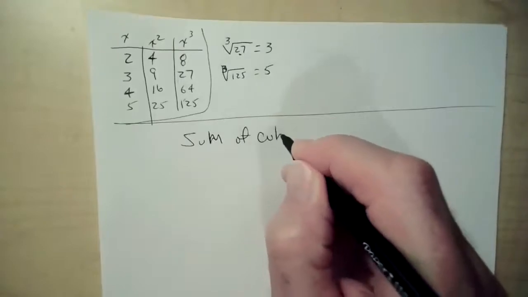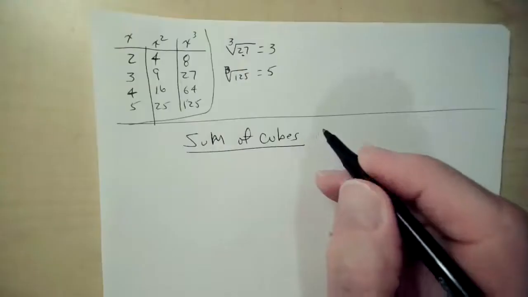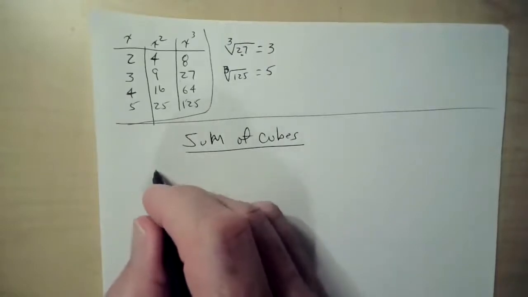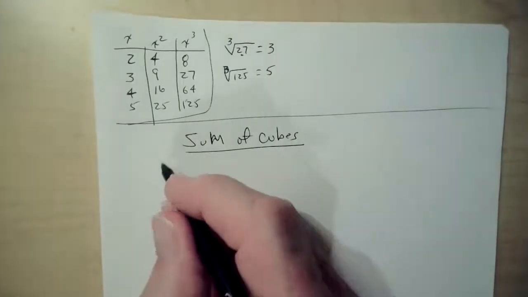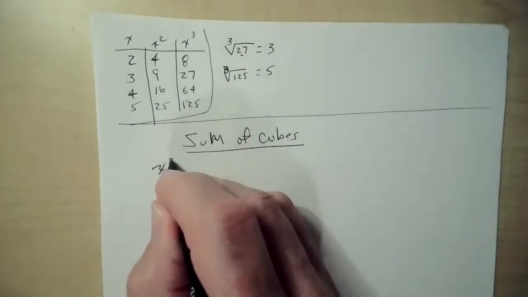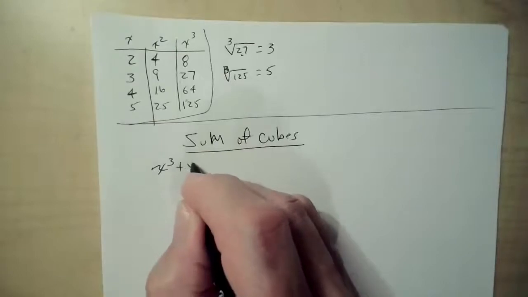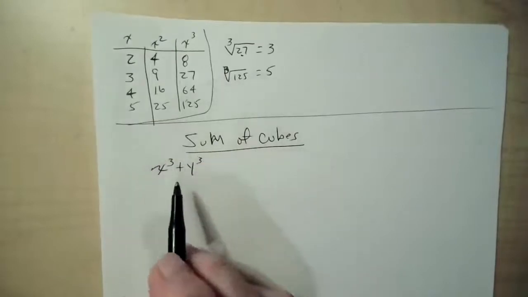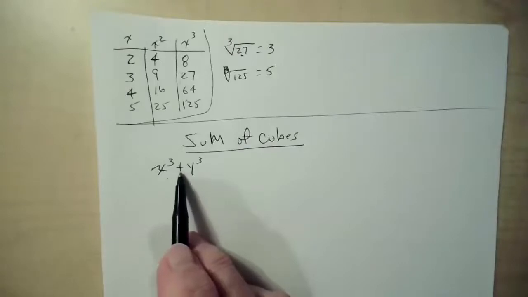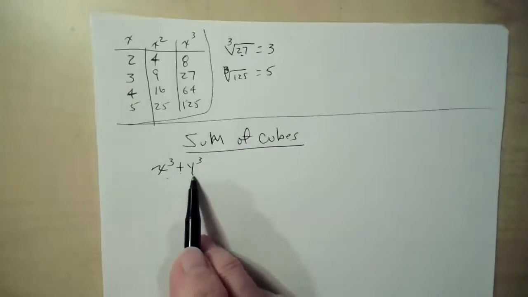Okay. This is called the sum of cubes. So this is the formula. Did I send you one of these too? X cubed plus y cubed.